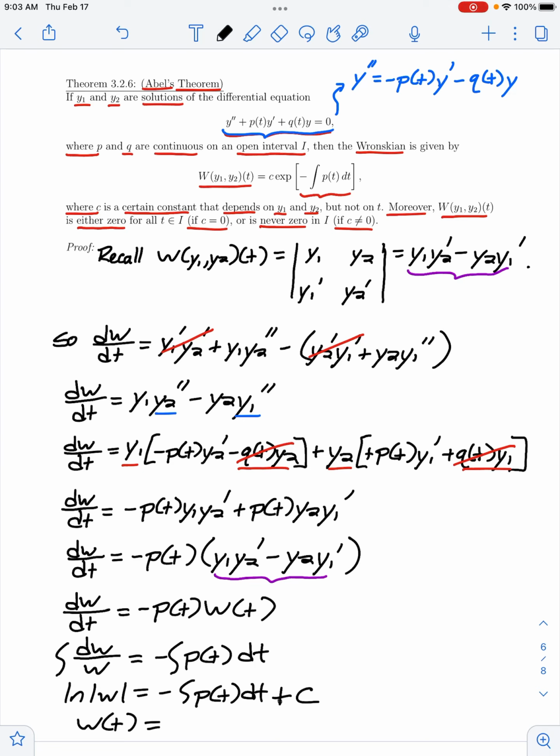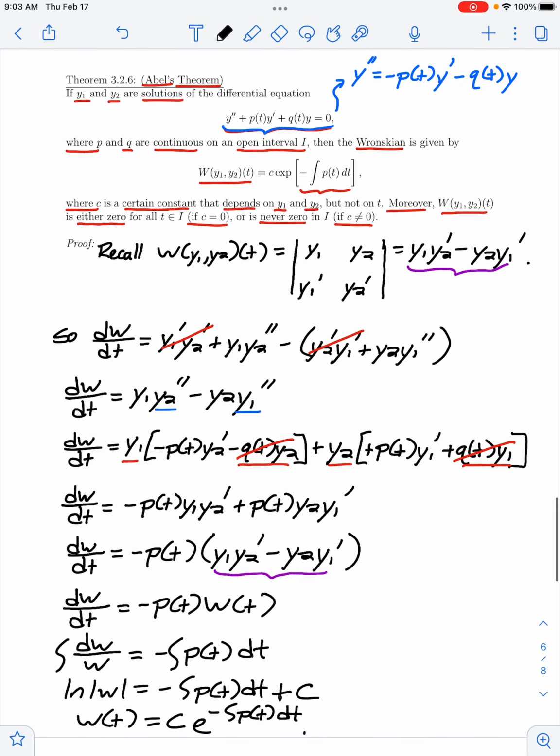We have some constant on the end there. And so to solve for our Wronskian, we exponentiate on both sides, giving us some constant times e raised to the negative integral of p of t with respect to t.